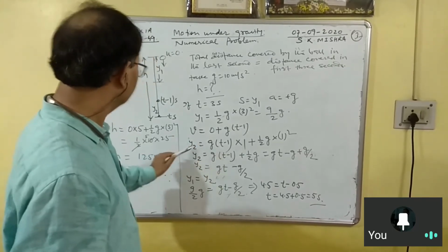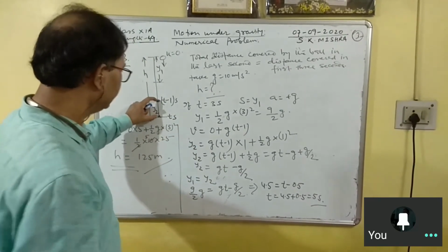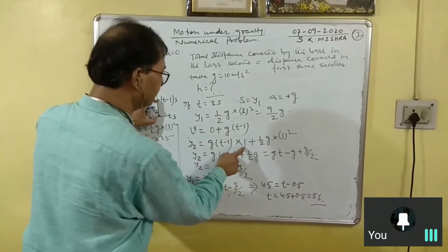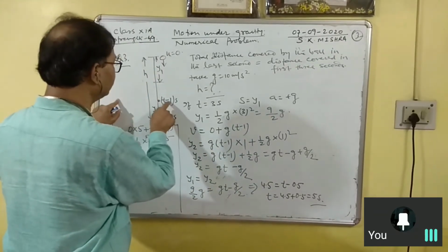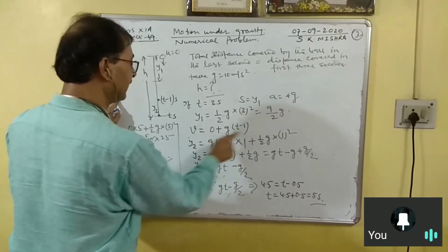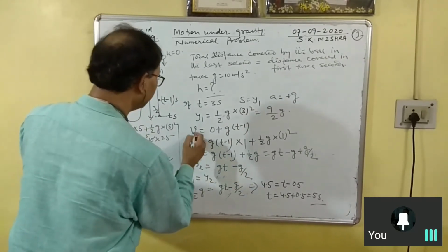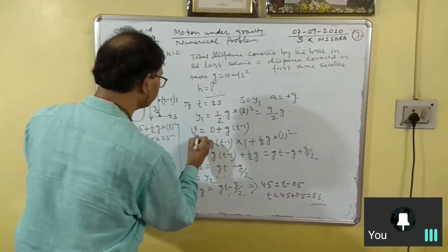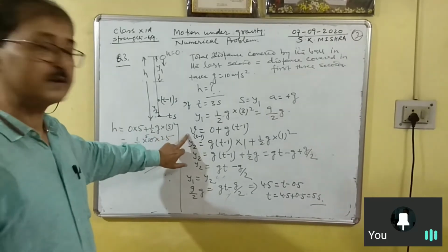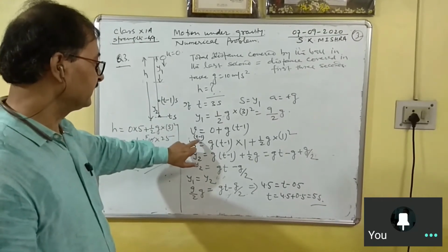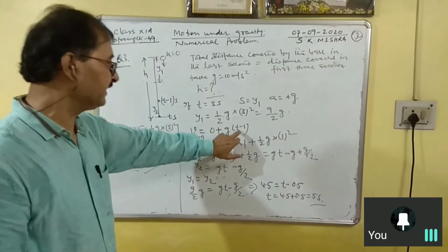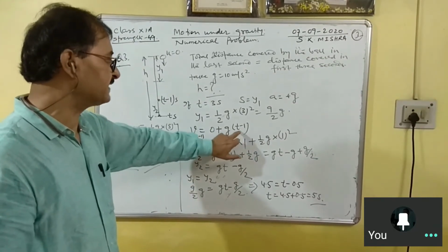So this y2, this distance is equal to ut. So u, at the end of t minus 1 second, you have calculated. Velocity at the end of t minus 1 second is equal to u0 plus at. a is g only, t is t minus 1.